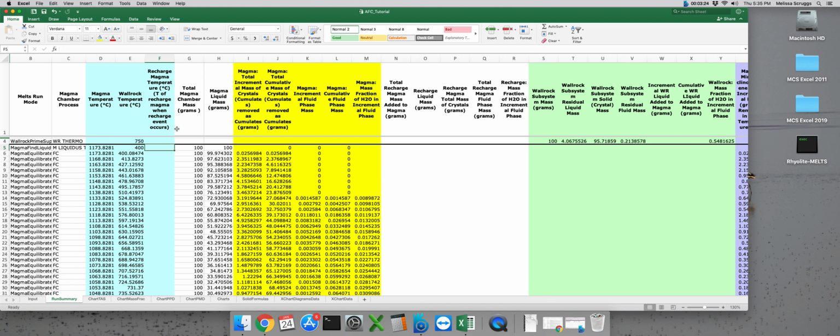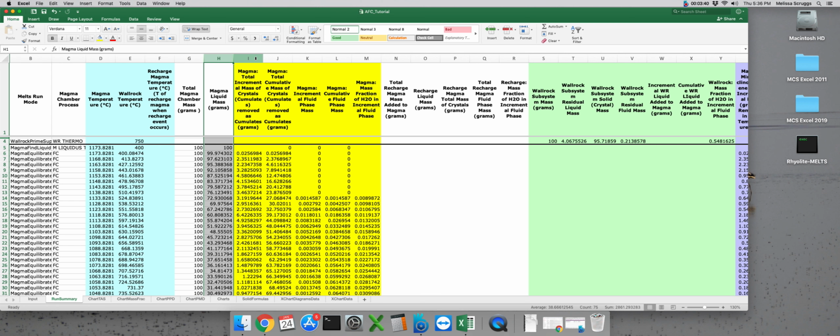The total mass of the magma subsystem is given in column G, and the total mass of liquid in the magma subsystem is given in column H. The next few columns have to deal with the proportions of different phases in the magma subsystem.